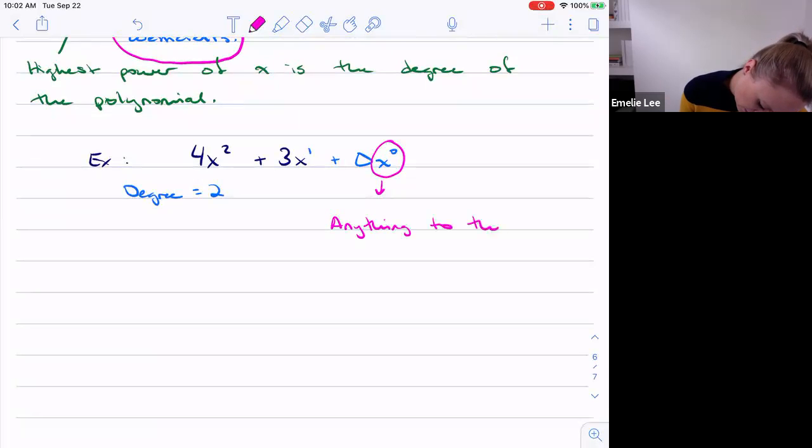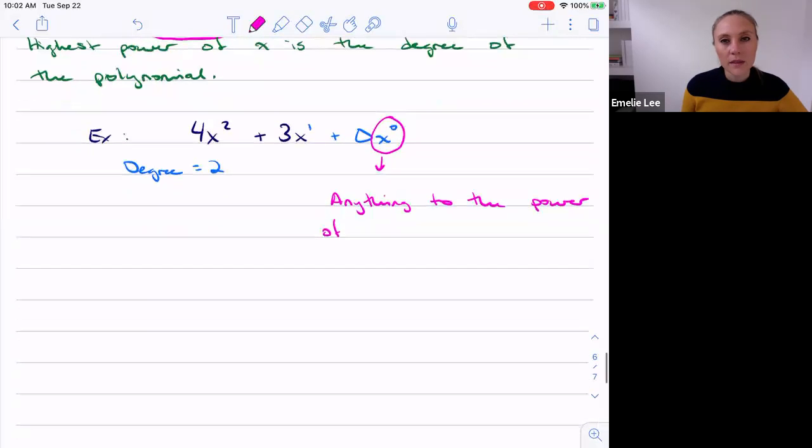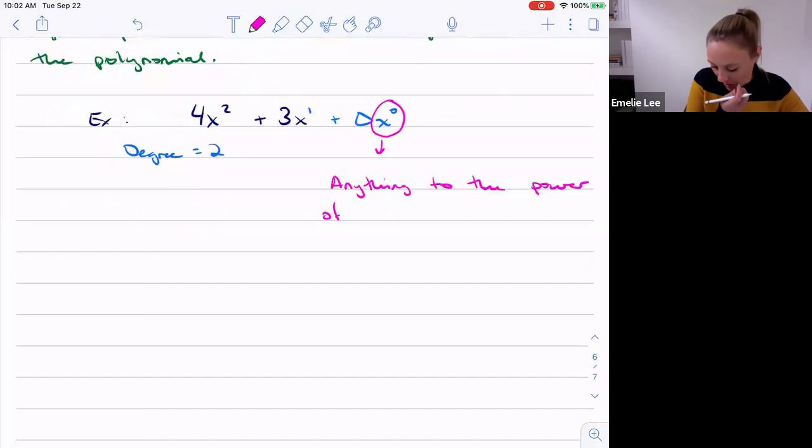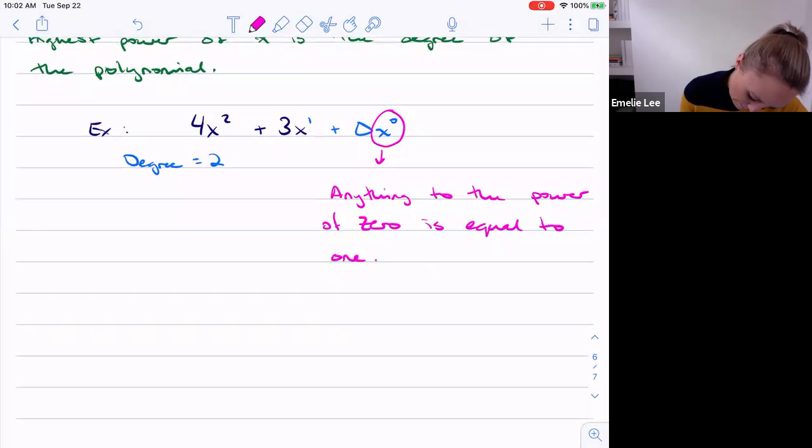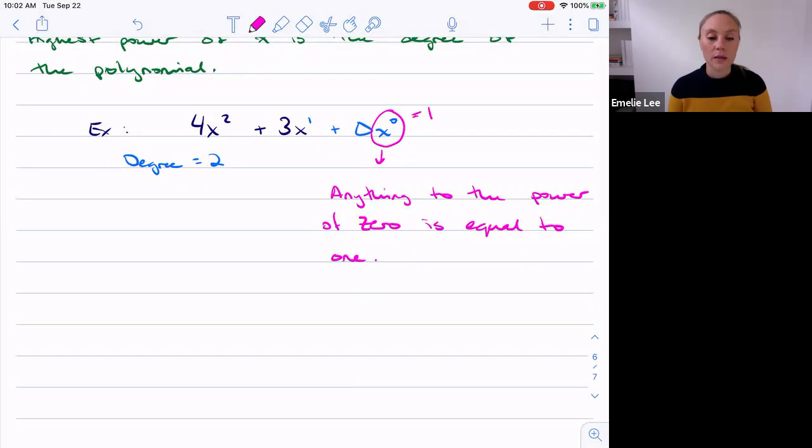I'm sure we've said it when we were dealing with exponents, but now it's really going to come into play, so that's why I want to highlight it. Anything to the power of 0 is equal to 1. So 0 times 1 is 0, so that's why it's gone.